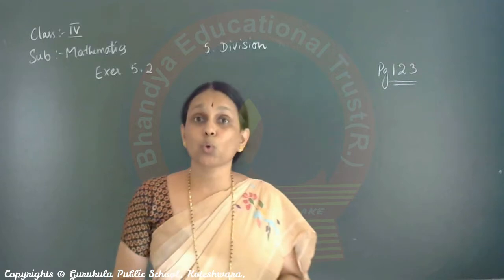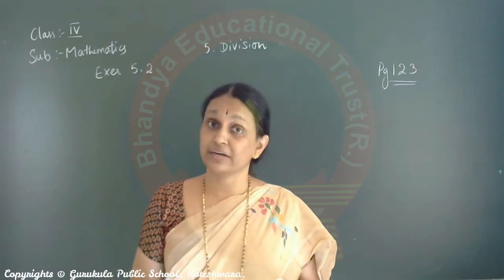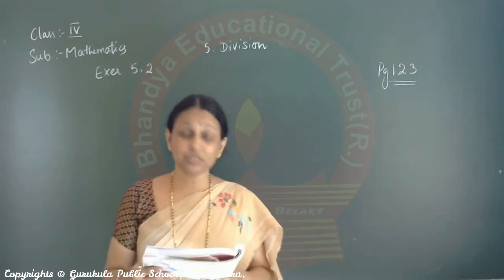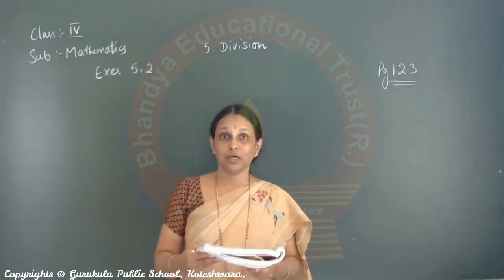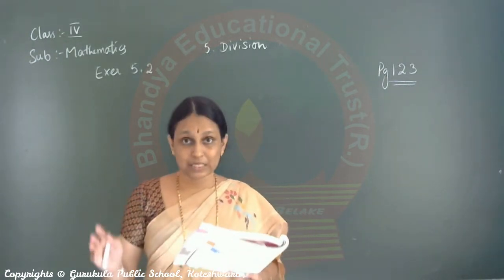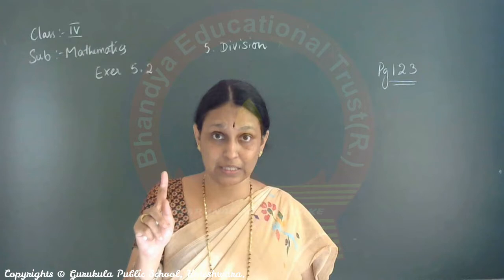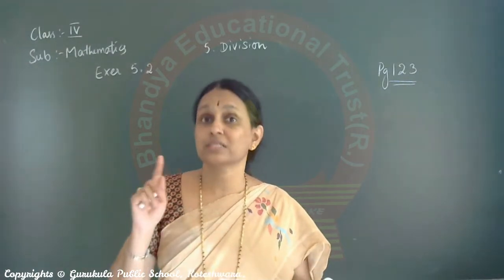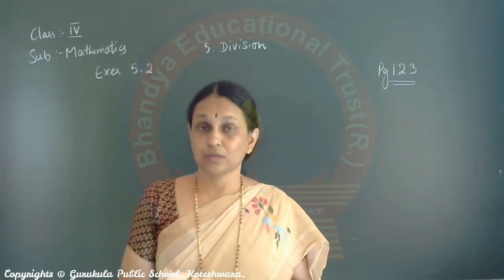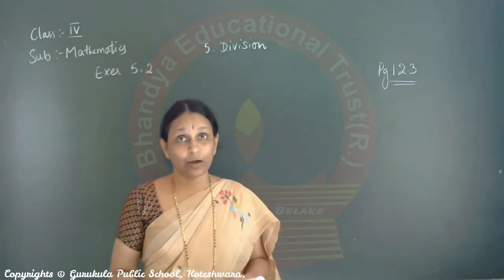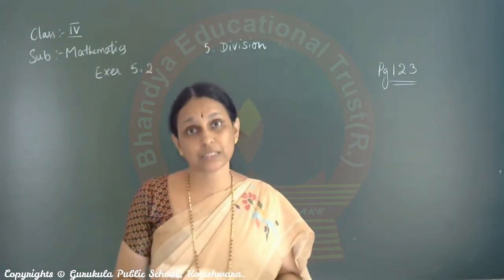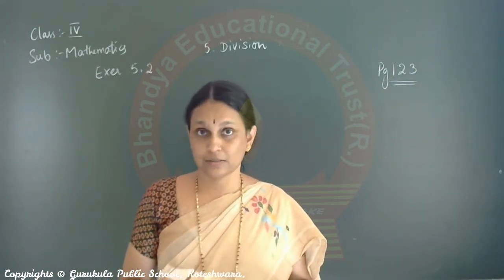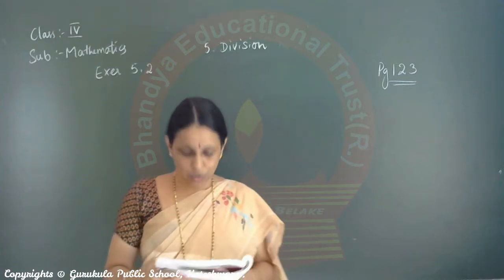Now, find the total number of buses needed. There are many children. 1026 students are there. They have buses where each bus 50 students can go. So, we have to find out how many such buses are needed. Yes? Okay.